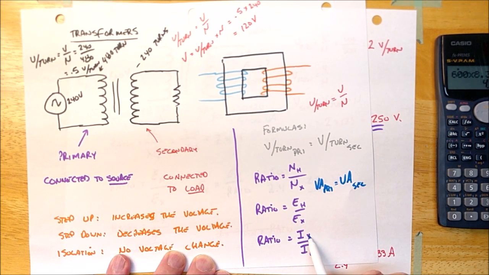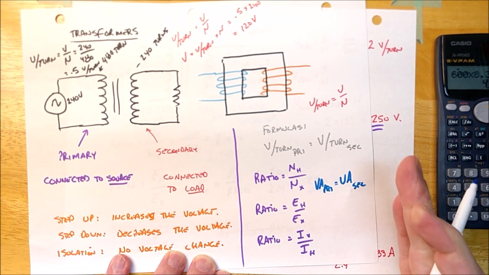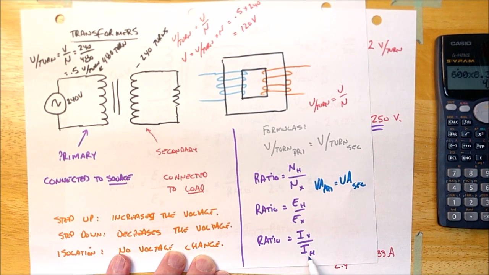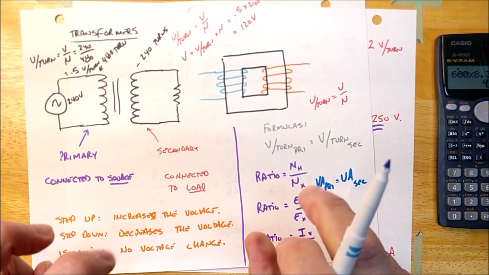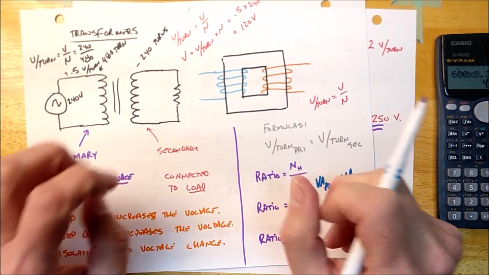The current on the low voltage side is going to be the higher current over the lower current, which is why we label it IH. It is the current on the low voltage side over the current on the high voltage side. So high over low, and high current over low current.